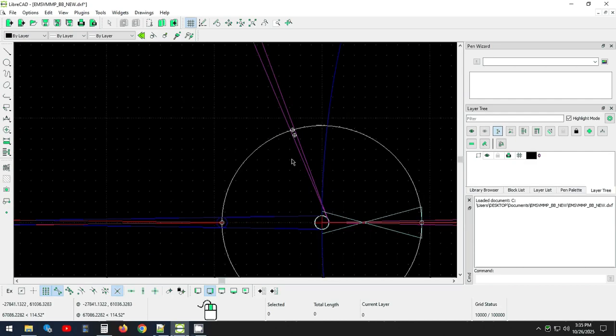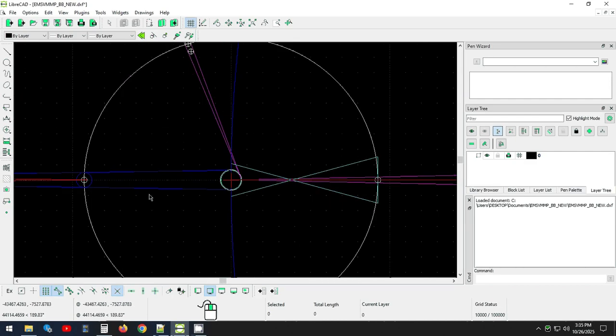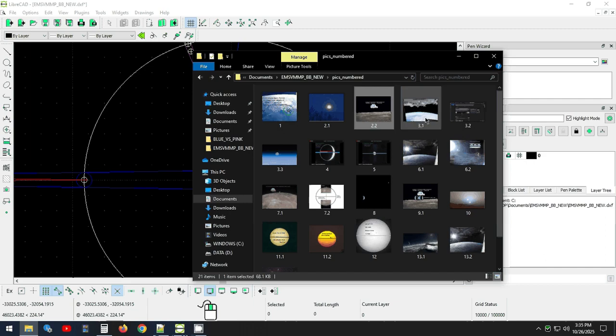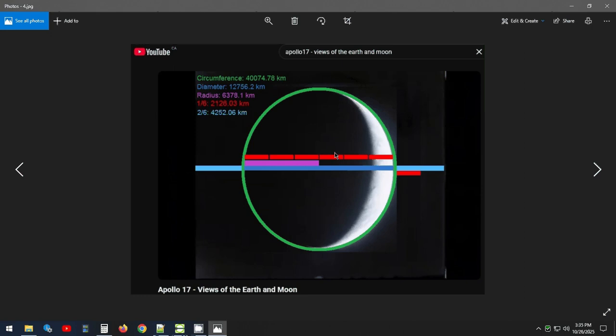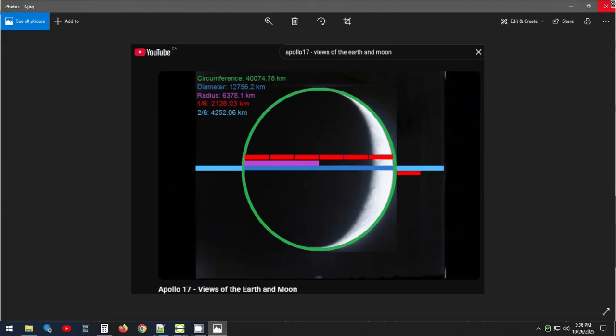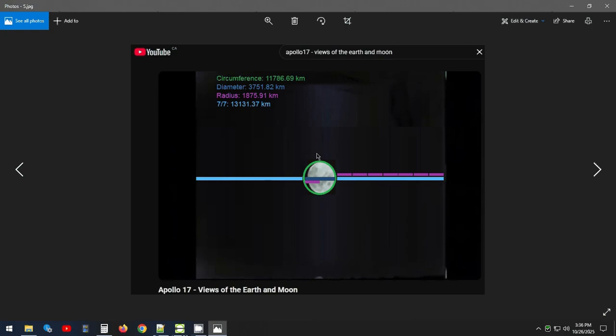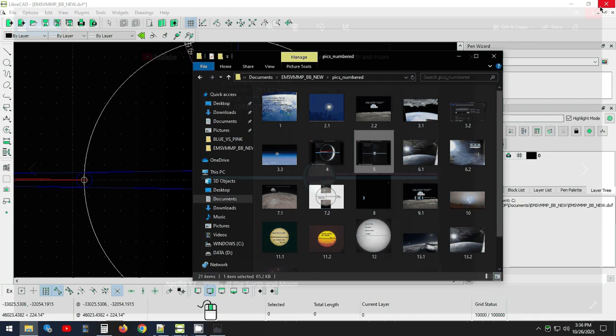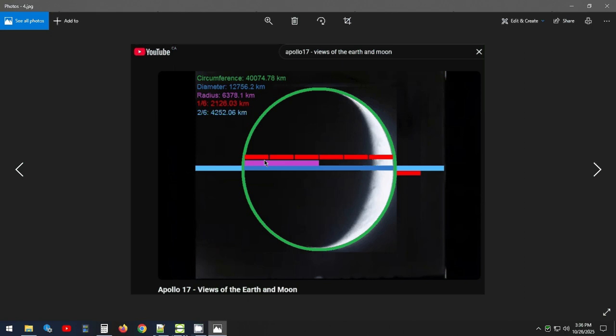So next, what I did was I calculated where the Apollo, I think 17? Yeah, Apollo 17, they filmed this video of the Earth, and they filmed in the same video the Moon, which would probably be filmed at the exact same time. Therefore, I calculated the proportion, knowing the size of the Earth and how much space is on each side of the video.